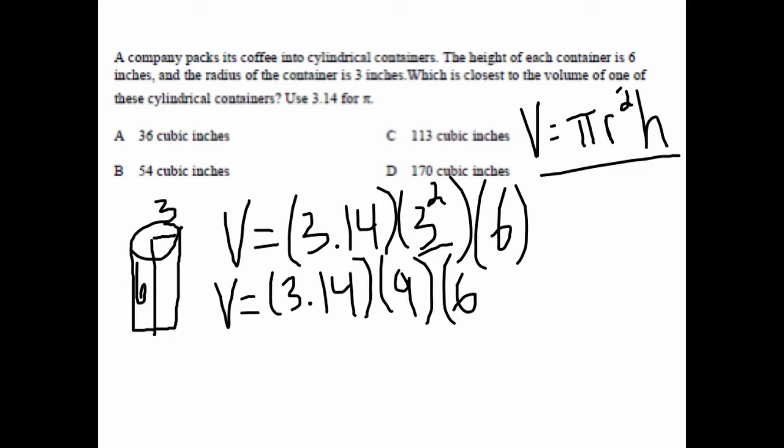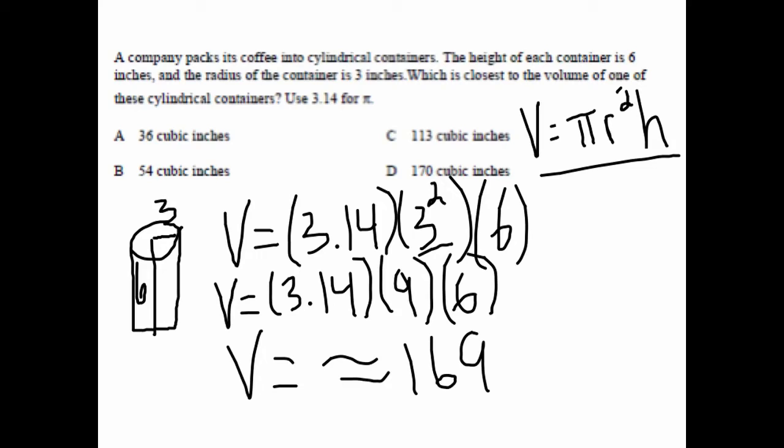And then I just bring down my 6. Now, if I multiply this out, use your calculator, you're going to get approximately 169. So our best answer for the closest volume is going to be D, 170 cubic inches. All right, let's move on to the next example. Oh, and I didn't put this here, 169 cubic inches. Cool. Let's go on to our next example.